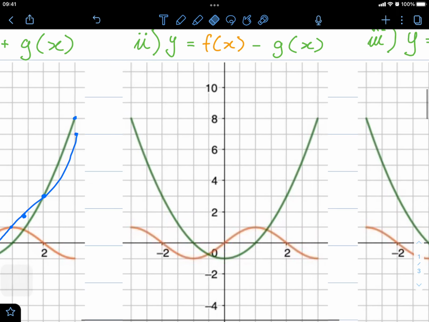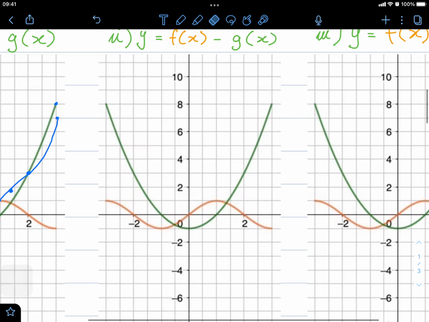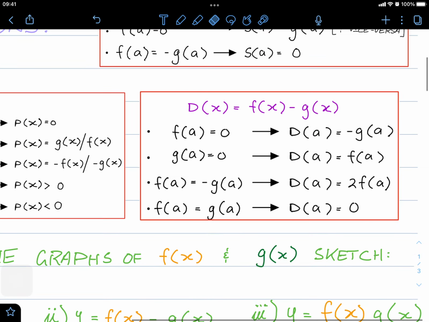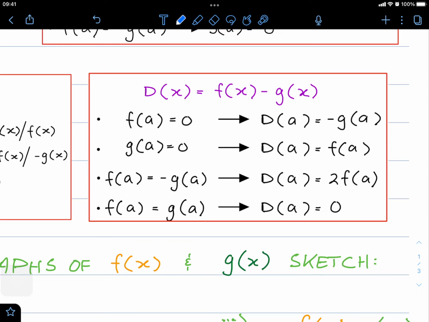Let's now try the difference of the two functions. You can pause the video and give this a go yourself. Let's take a look again here. For this one, I like to find where g is 0 first, because that's going to be the easiest point. When g is 0, f take away nothing is just going to be f.